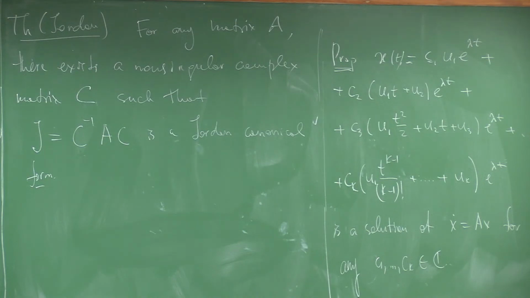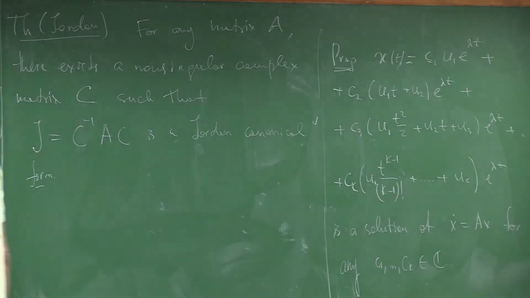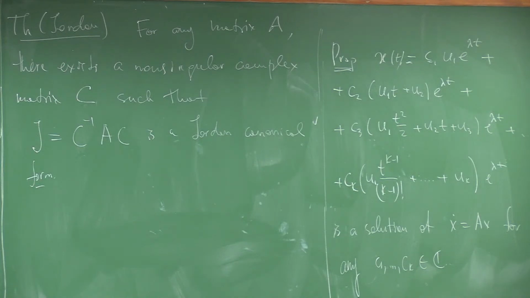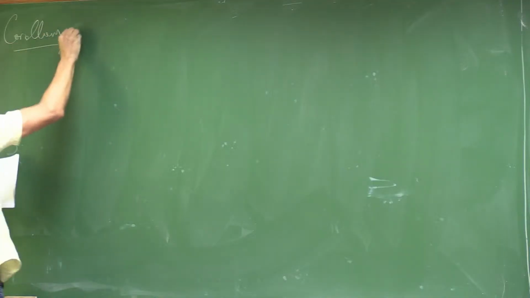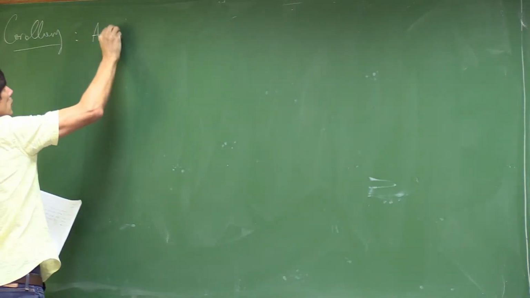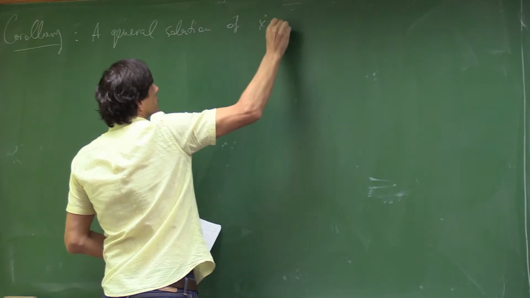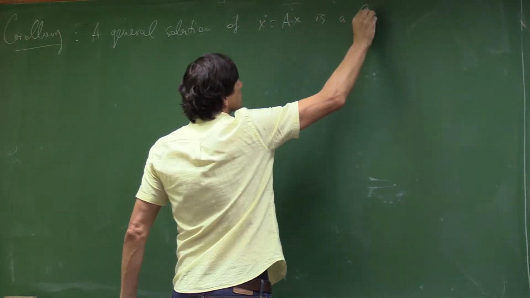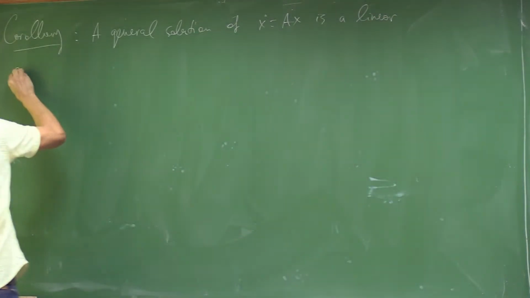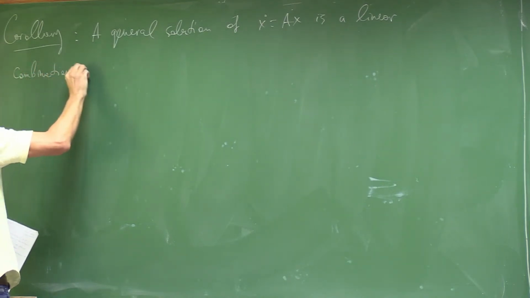And now we can write the final corollary: that a general solution of the system is a linear combination of solutions.